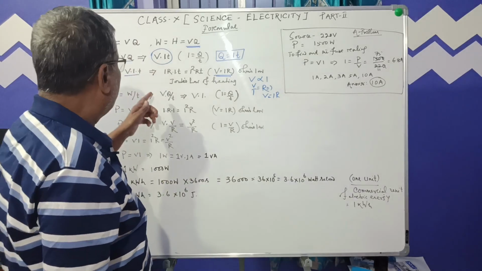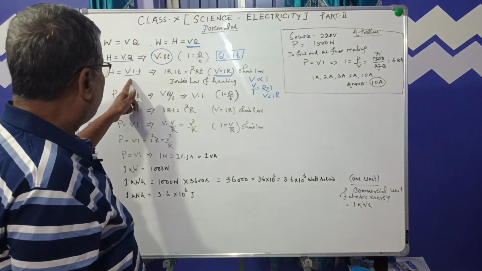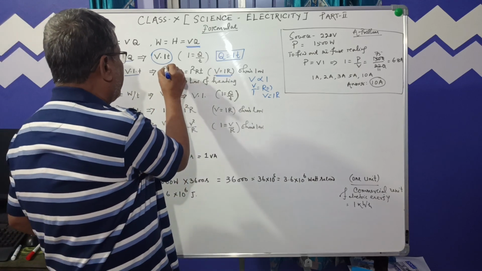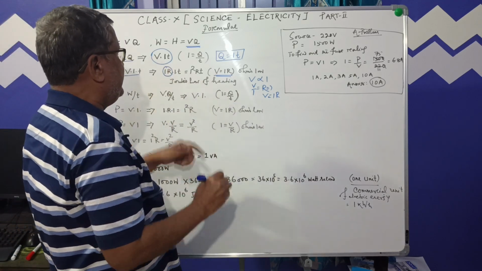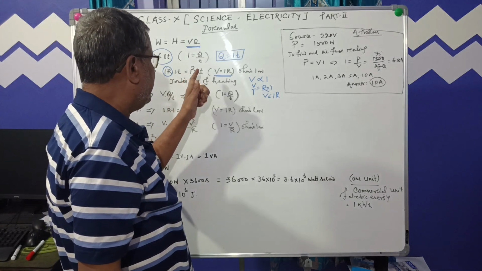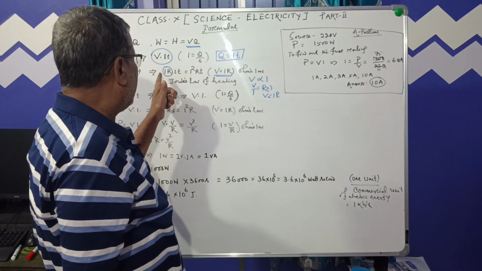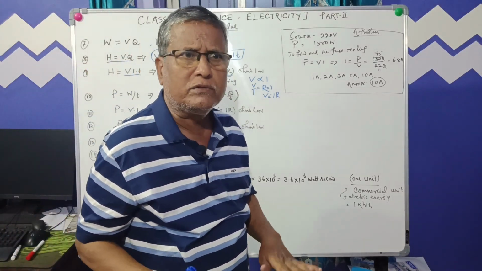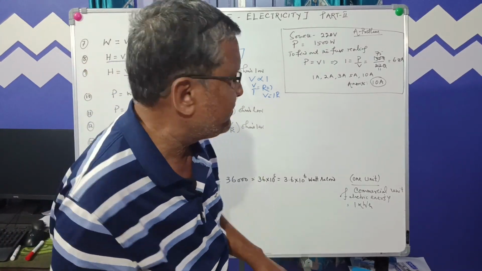Now let's apply here. In place of V, let's write IR. So IR into IT. Now we get I square RT. That is called Joule's law of heating.